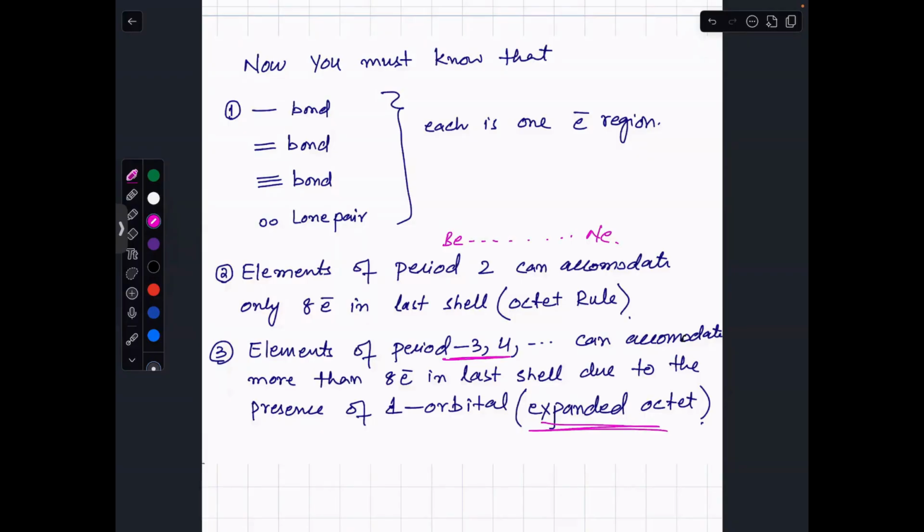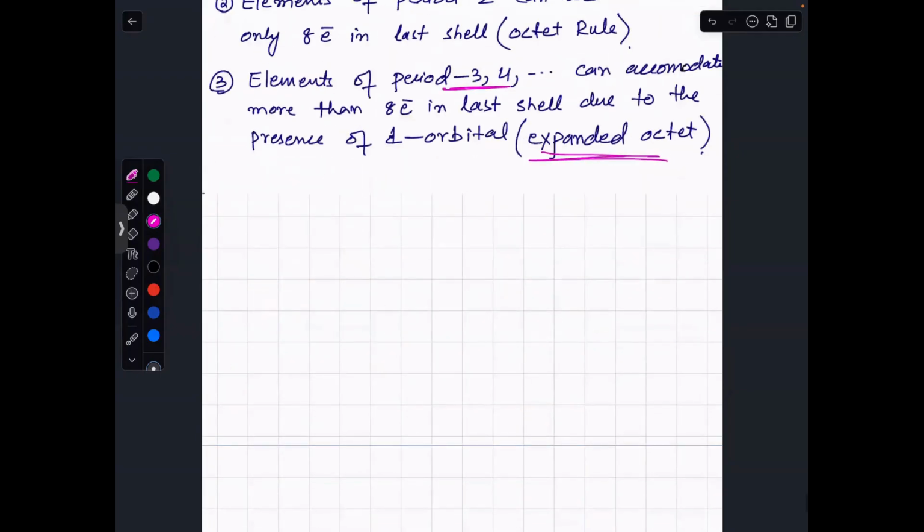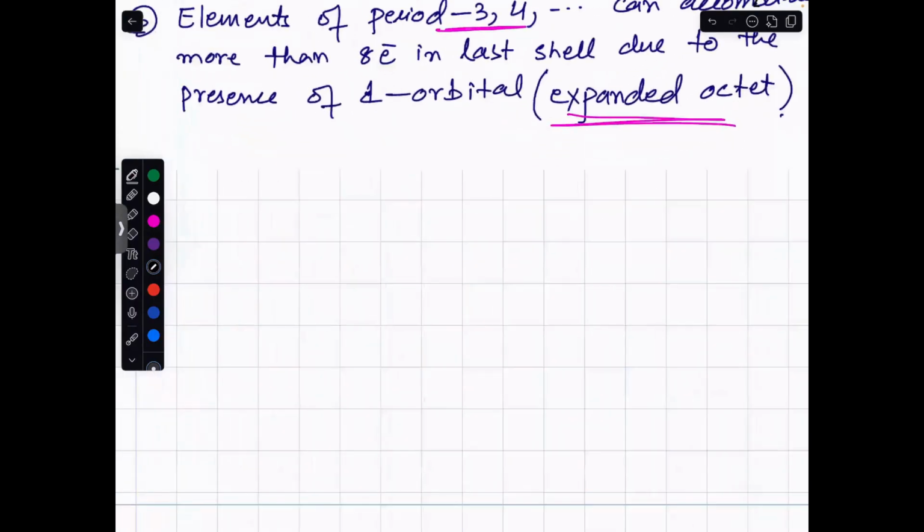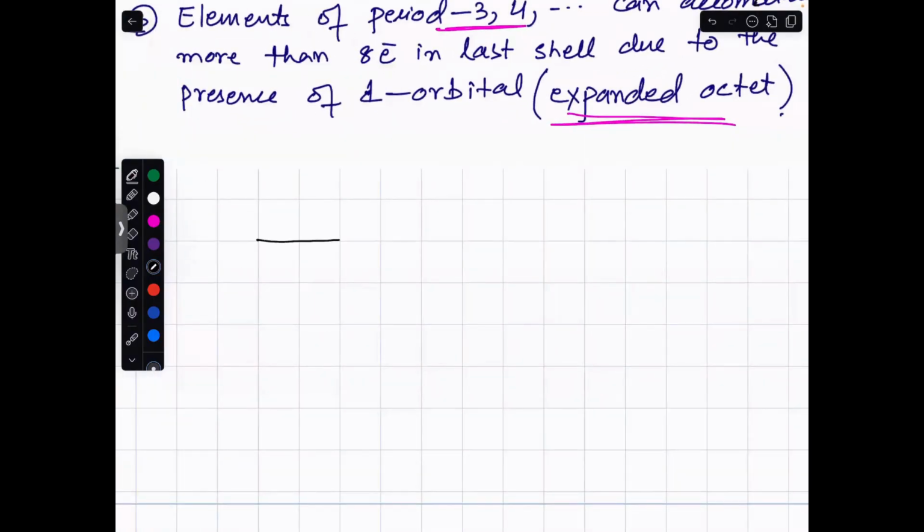So now how are we going to apply all this? Look. If I make a periodic table in front of you, this is the transition block.